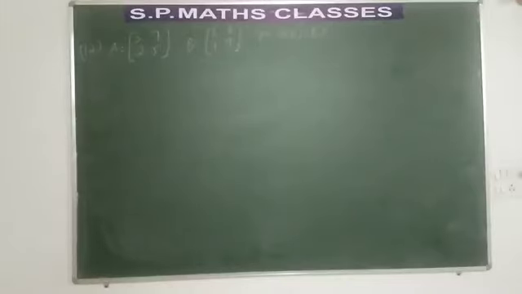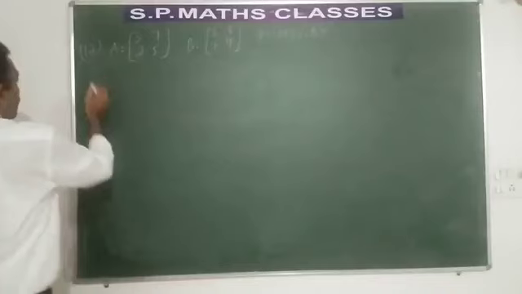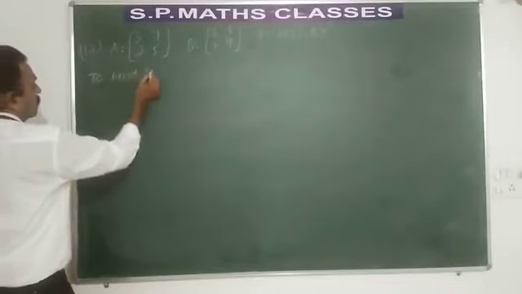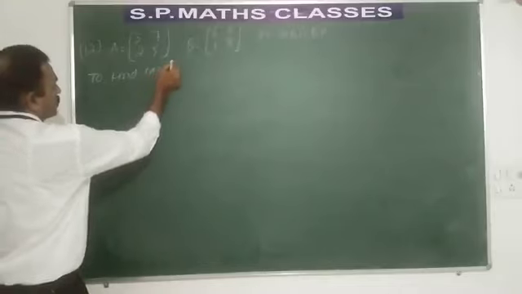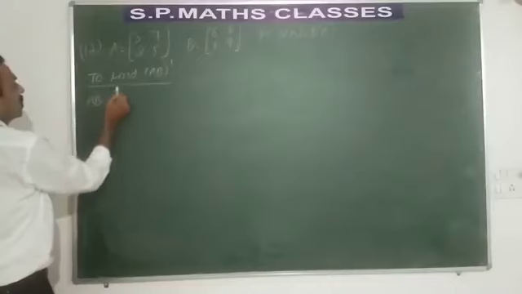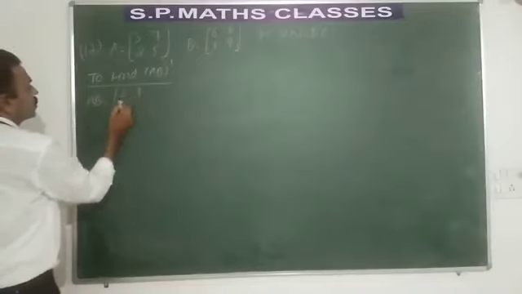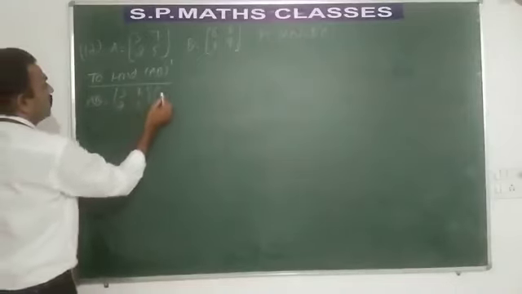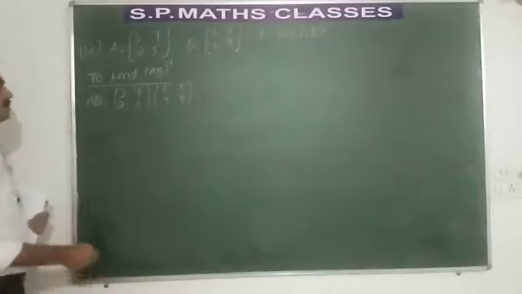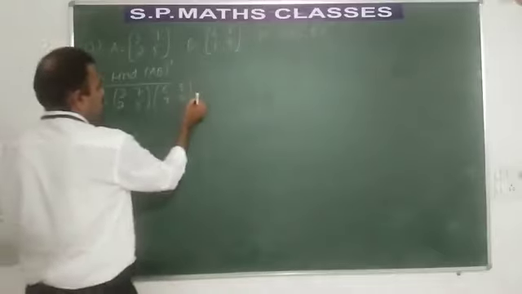You have to verify that AB whole inverse is equal to B inverse into A inverse. Let us find out AB inverse first. To find out AB now, A is 3 7 2 5, B is 6 8 7 9. So what happens now?